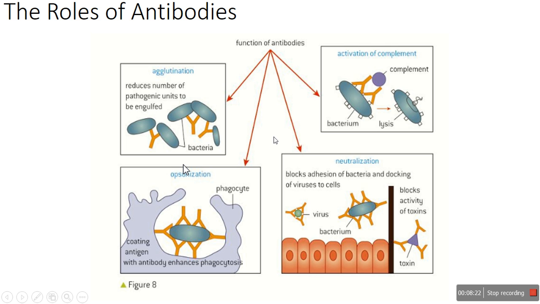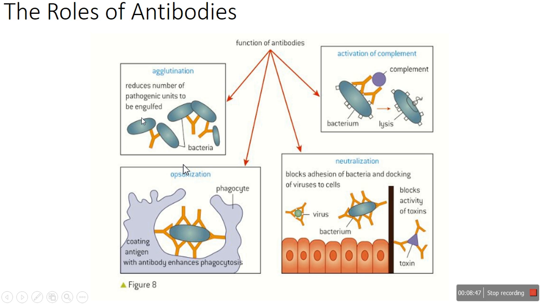We've got what we call agglutination. Agglutination is what we discussed earlier with what happens to red blood cells. If you have a blood transfusion and you receive the wrong type of blood, it's the specific immune response. The antibodies will cause those cells to stick together and clump together.